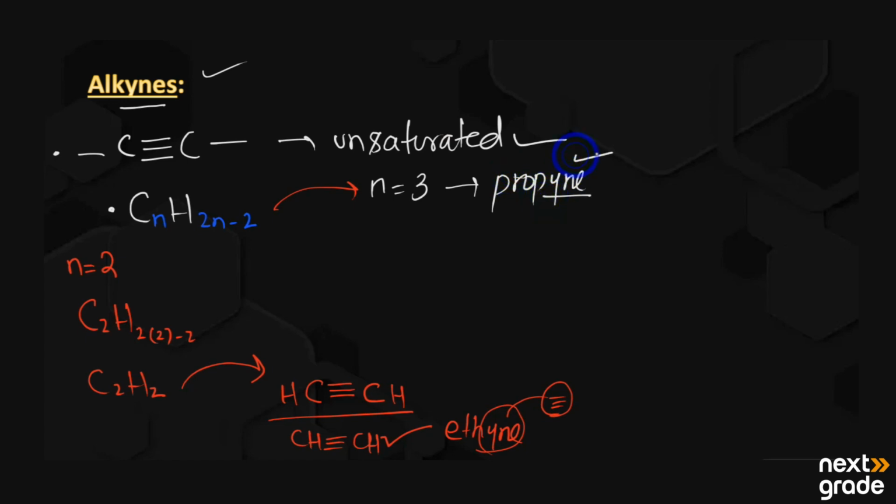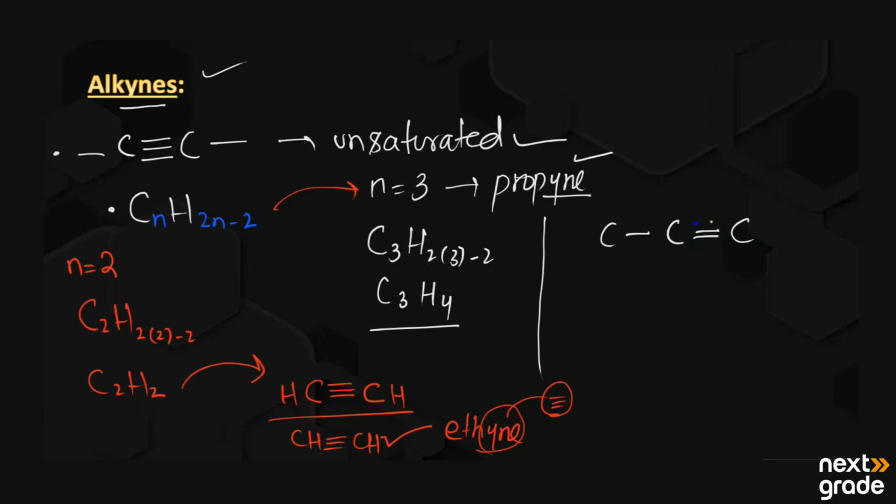Here yne shows the triple bond, where it is C3, H 2 into 3 minus 2. So the formula we get is C3, H 6 minus 2, which is C3H4. We have three carbon atoms, two of which have a triple bond. Now by managing their hydrogens, we gain CH3.